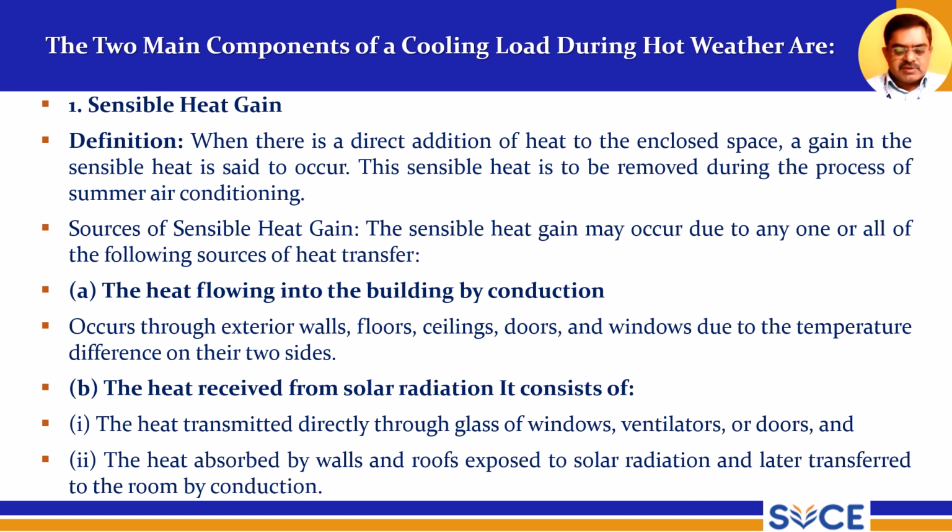So conduction is the main culprit which transfers heat from outdoor to indoor. Conduction takes place through any of these media, be it structure, glass, windows or ventilators, and it carries the heat from outdoor to indoor.